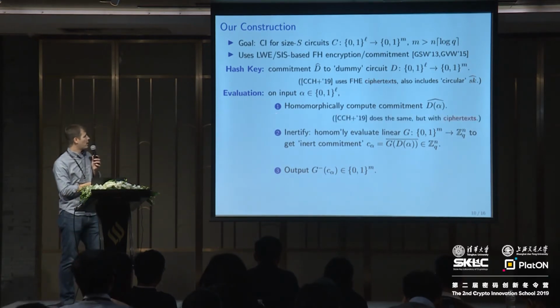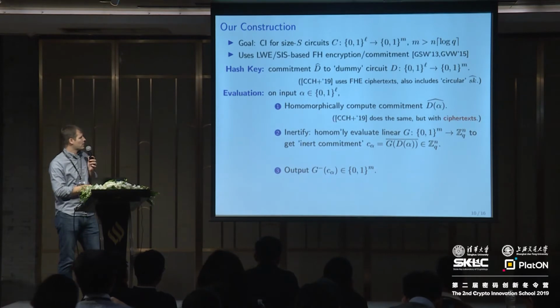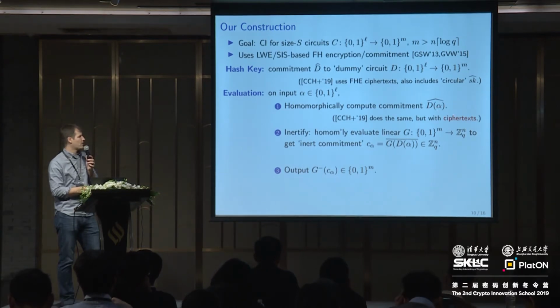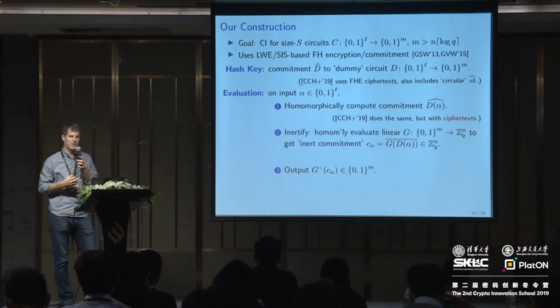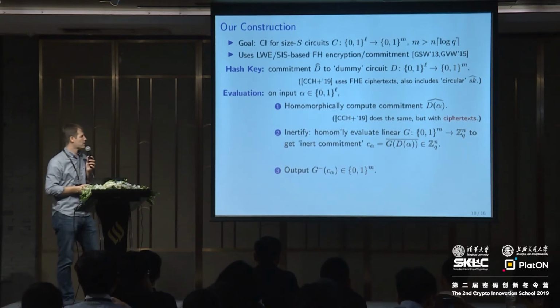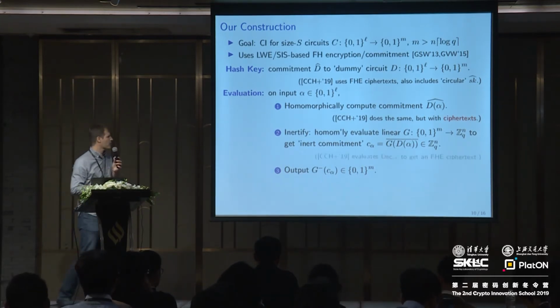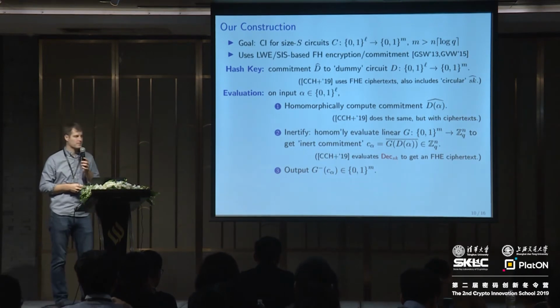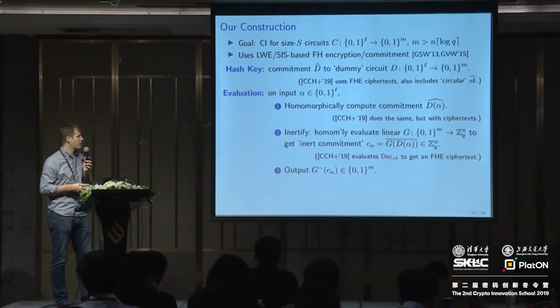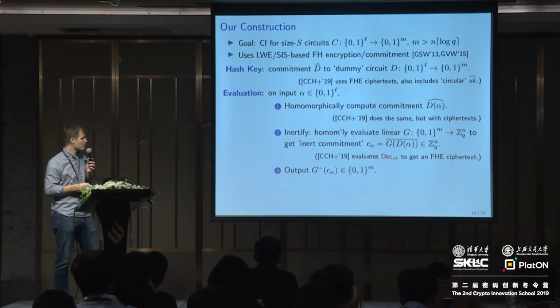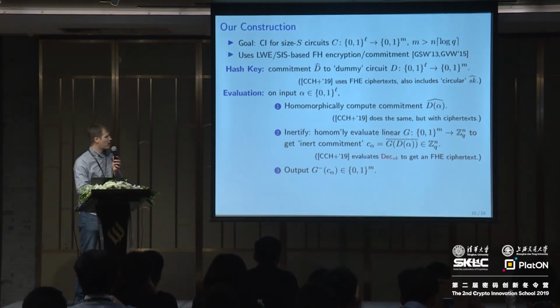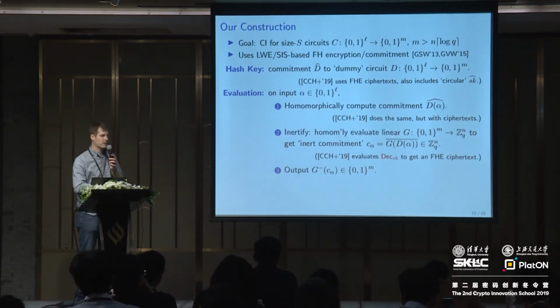Similarly, step one of Kennedy et al.'s construction is essentially the same thing. You just homomorphically apply the dummy circuit to the input alpha, but that's done with ciphertext rather than commitments. Not really a significant difference there. Step two is completely different. Our step two departs completely from the Kennedy et al. construction, where here we are applying this public linear function g homomorphically, and we end up with an inert commitment.